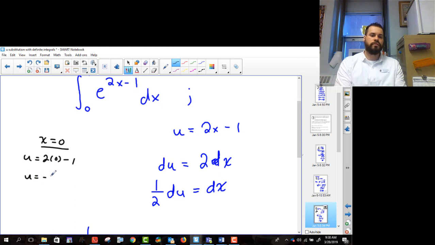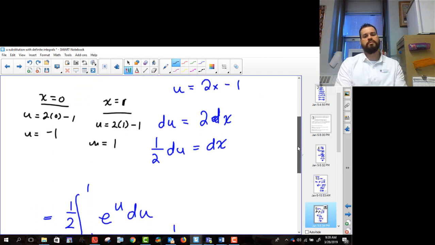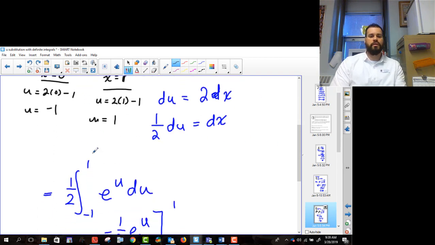So u would be minus 1. And then the other limit is 1. So we say when x is 1, u is 2 times 1 minus 1, so u is 1. So we make the substitution, but we also substitute out the limits. So the limits go from minus 1 to 1 now.